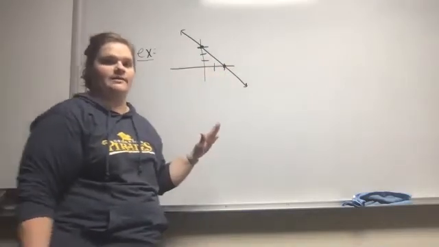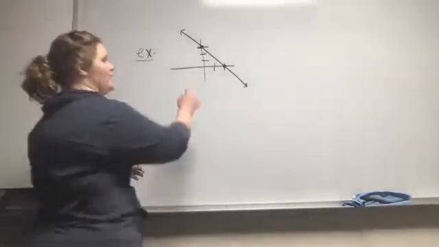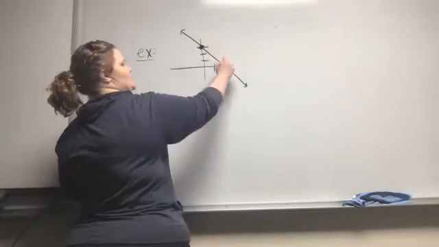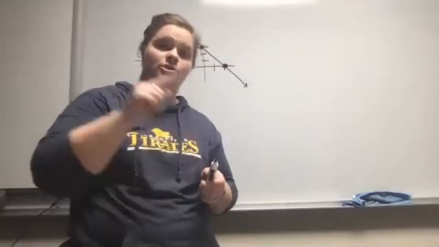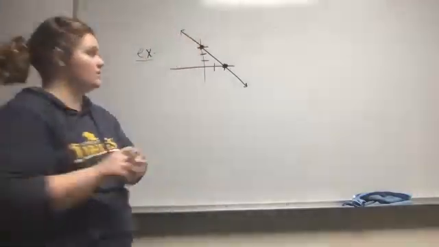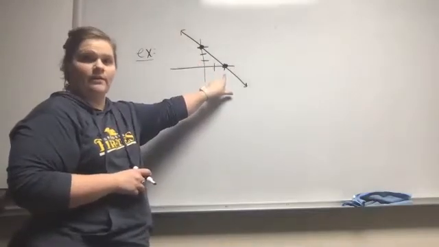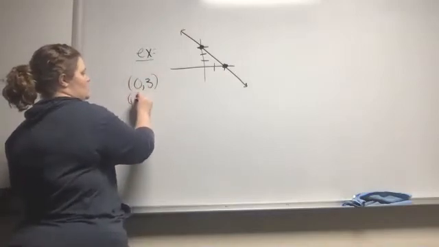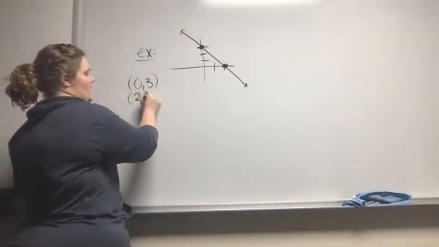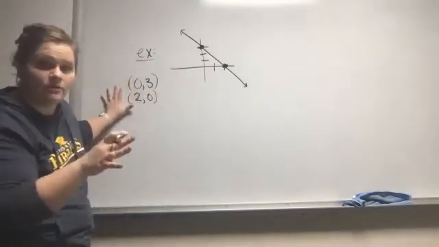So that way we're all on the same page. If they give us a graph, generally they'll have 2 nice big points marked. If they don't, find 2 points on the graph, that's fine, okay? Now, I could find these 2 points. This is 0, 3 and 2, 0. We know that. I could figure that out with that information, just like I did on my last problem. So if you want to go ahead and do it with the formula, you sure can.